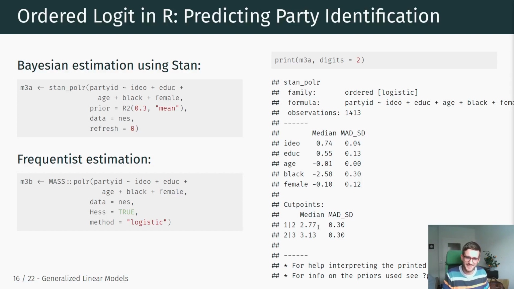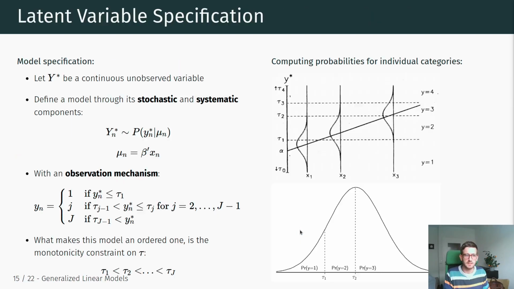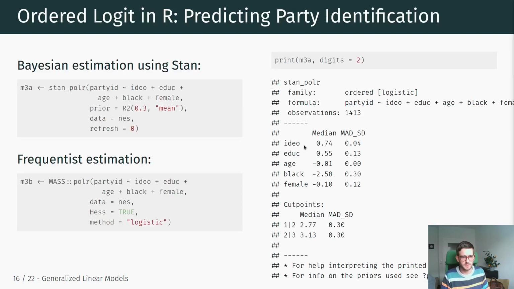We can now test this assumption directly by examining the cut points and whether these cut points are equally spaced. Okay, going back to this visualization, we see, for example, the cut points tau 2 and tau 3 are closer to each other than tau 1 and tau 2. So there's a constant change in the probability depending on the value of our underlying latent variable. Okay.